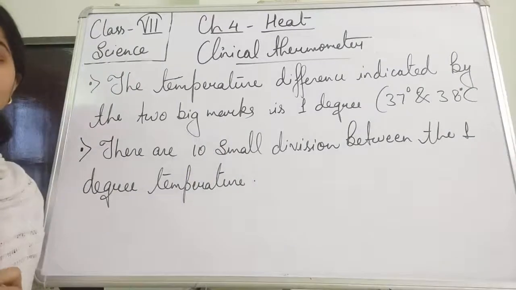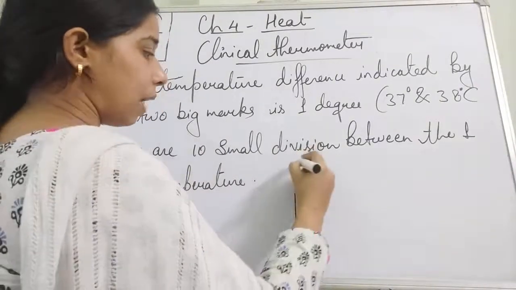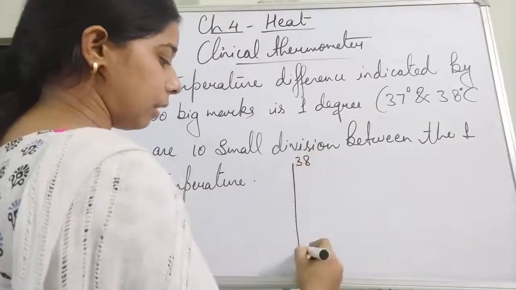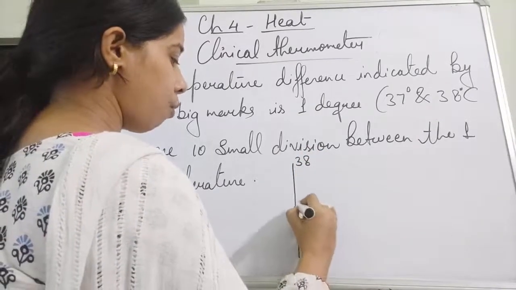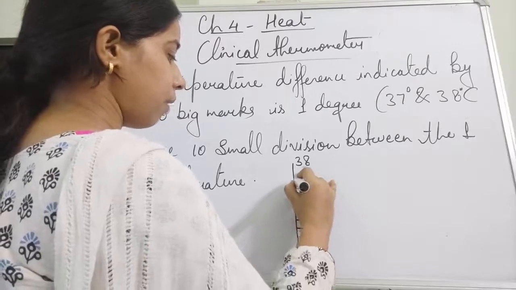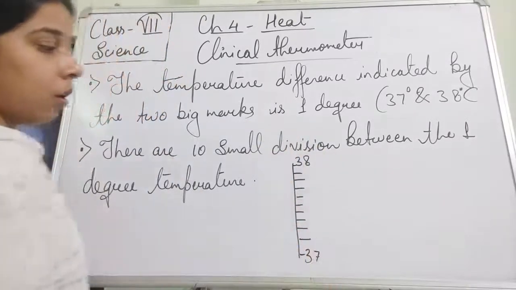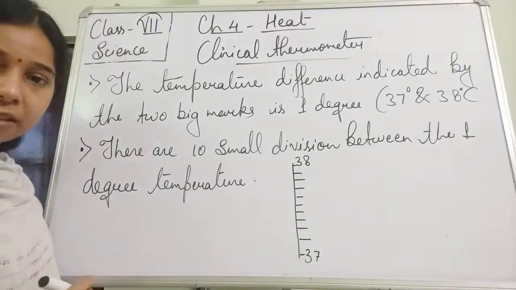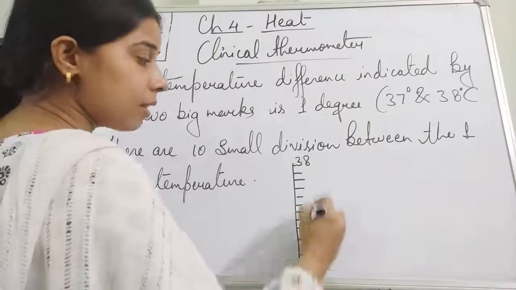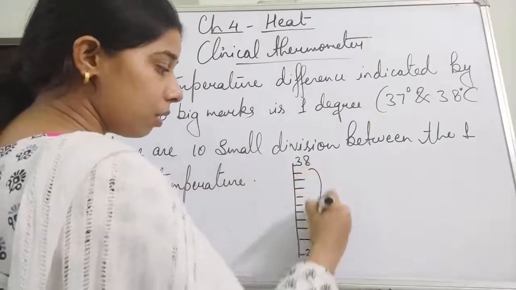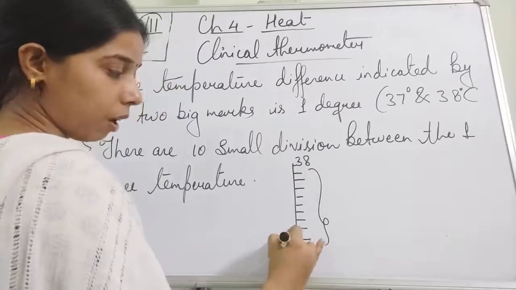Between the 1 degree temperature, it means that between 37 and 38 there are 1, 2, 3, 4, 5, 6, 7, 8, 9 and 10 small divisions.